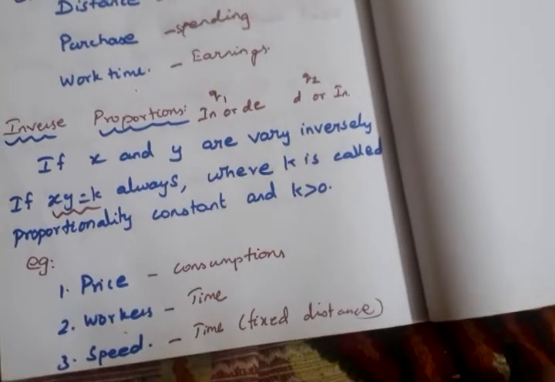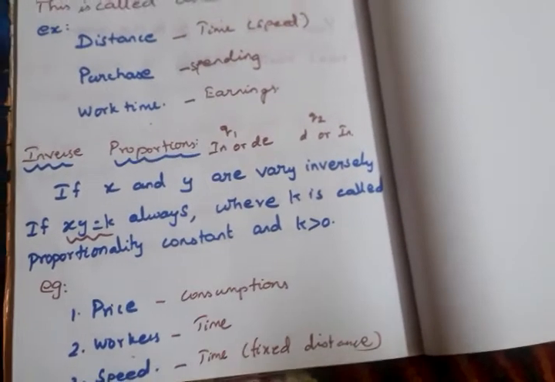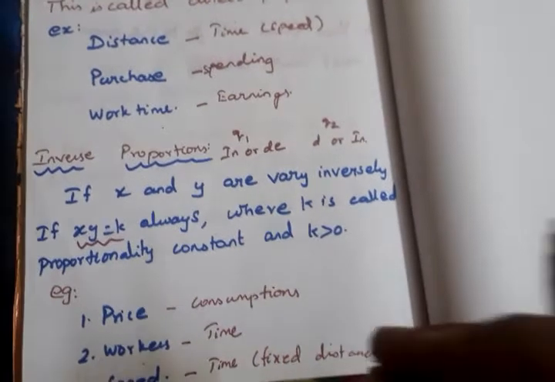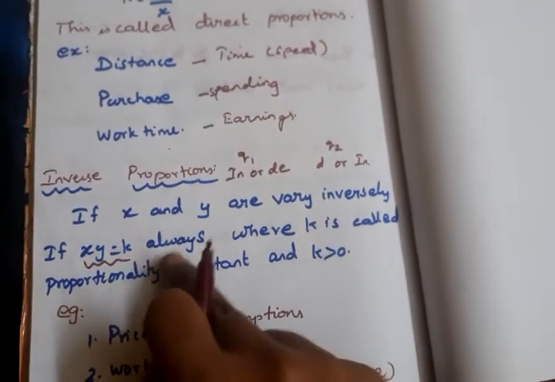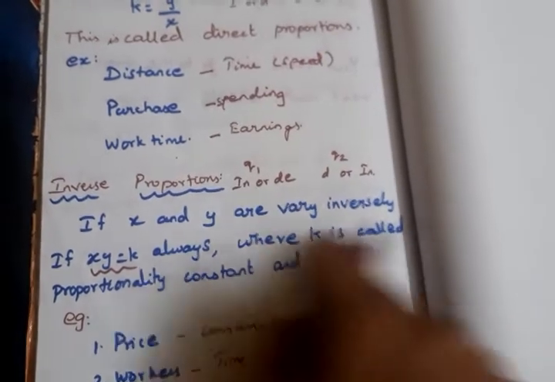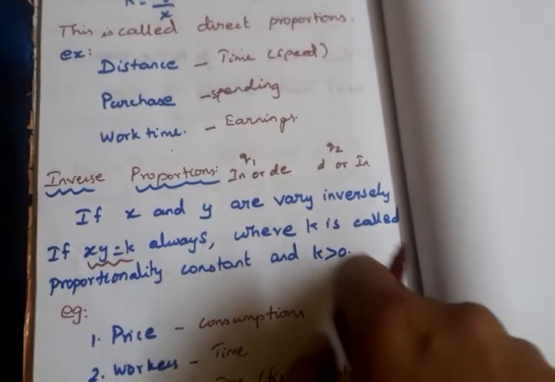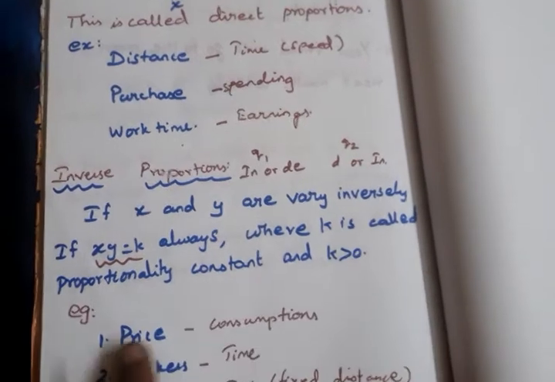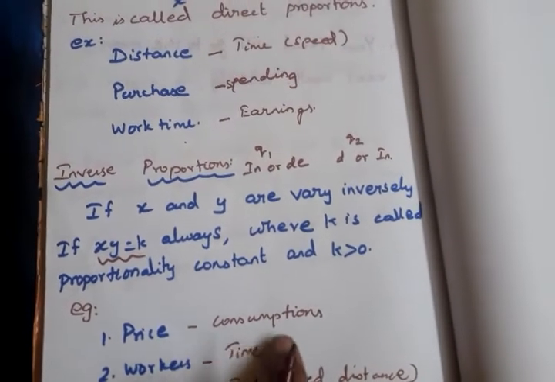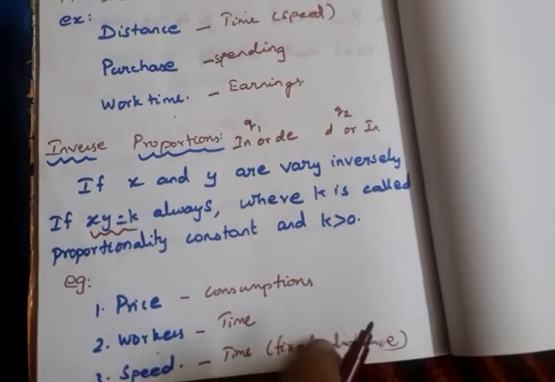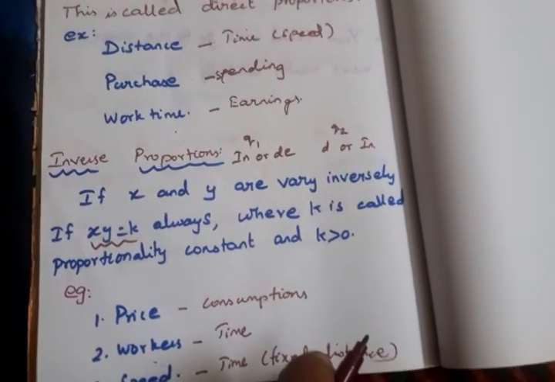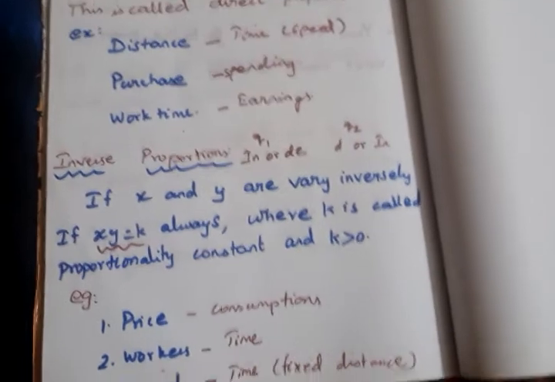Do you understand? So recall the inverse proportion: if x and y vary inversely, xy is equal to k always, where k is called a proportionality constant and k is greater than 0. For example, price and consumption, workers and time, speed and time, fixed distance.